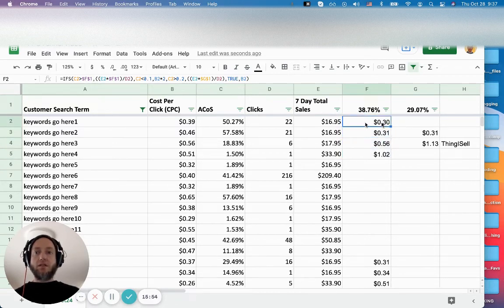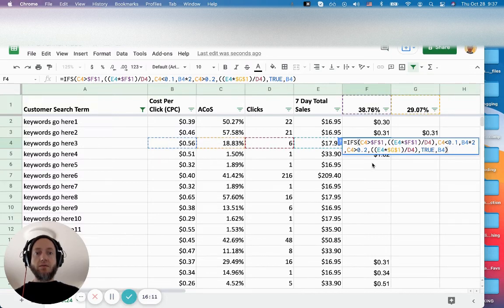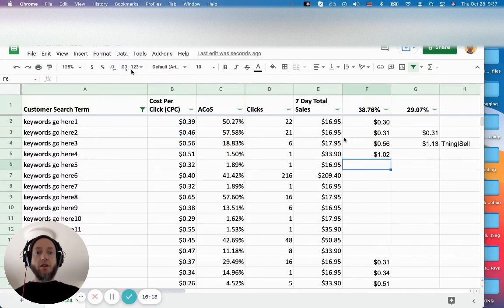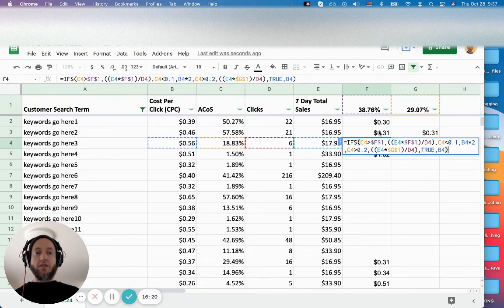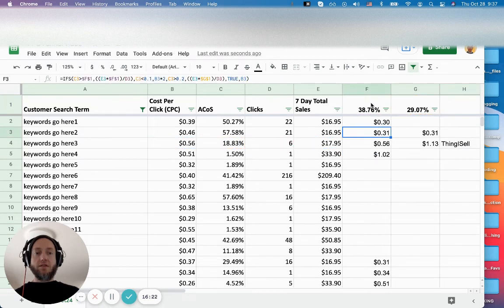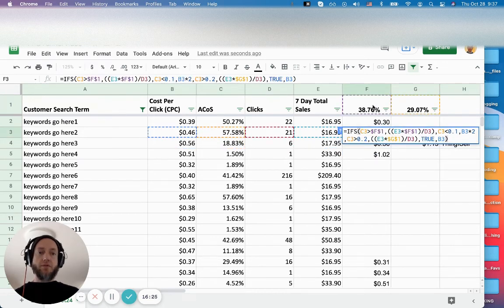You can see here, it's C2, if C2 is greater than F1. And if you look here, if C3 is greater than F1. So as you move down, it's going to keep following along with the relative row. But if you have this F1 locked, then it will continue to look at this cell as reference.